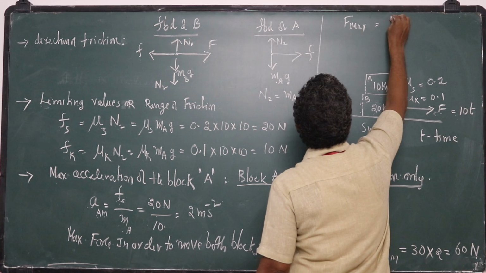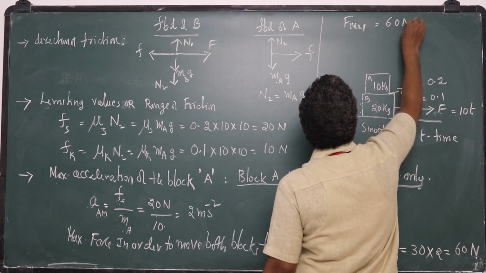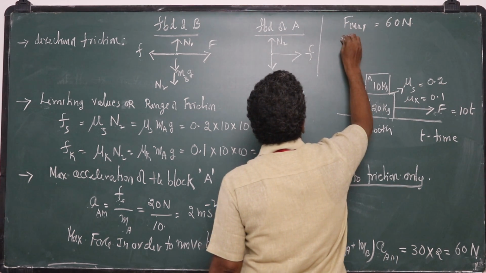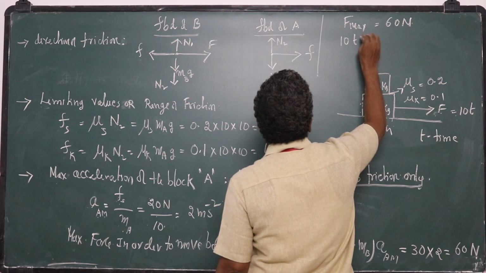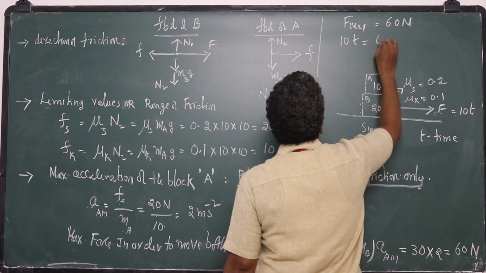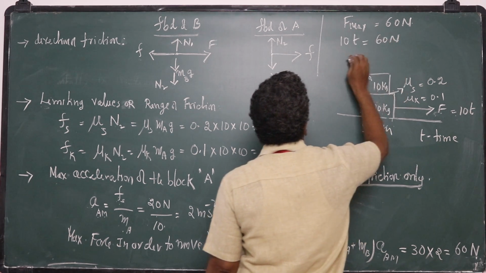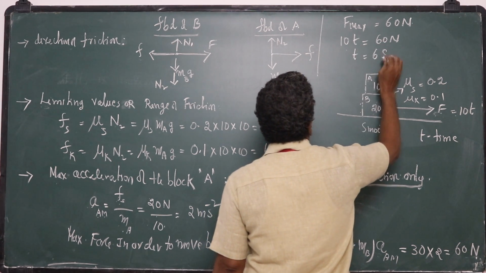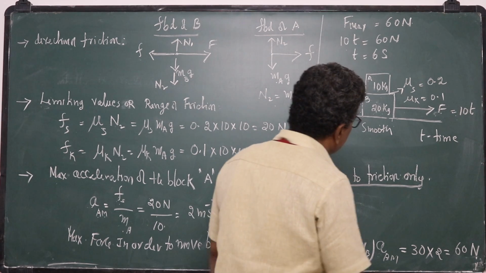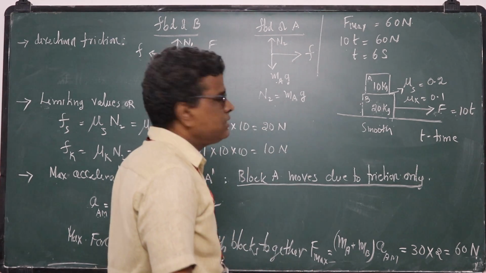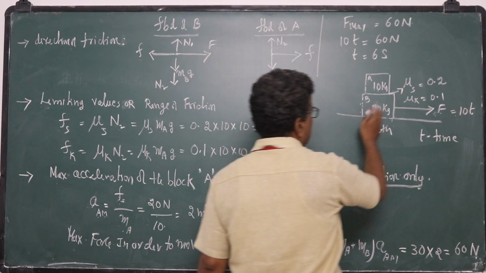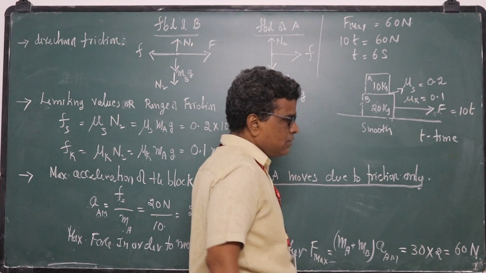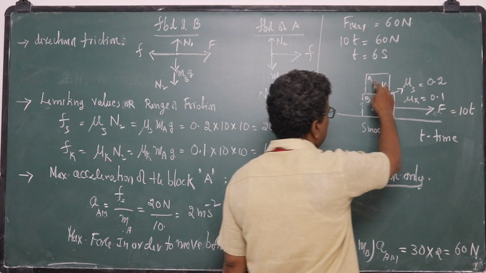When F maximum is equal to 60 newtons, F varies according to the law 10t is equal to 60 newtons. So t is equal to 6 seconds. So until 6 seconds, both blocks move together. So this acceleration is also variable.